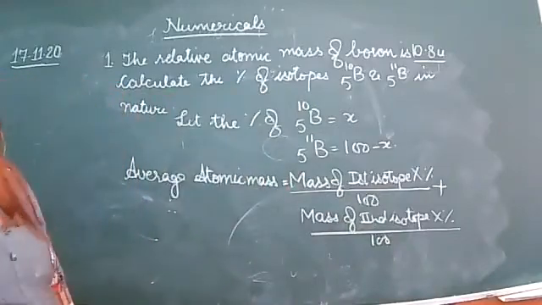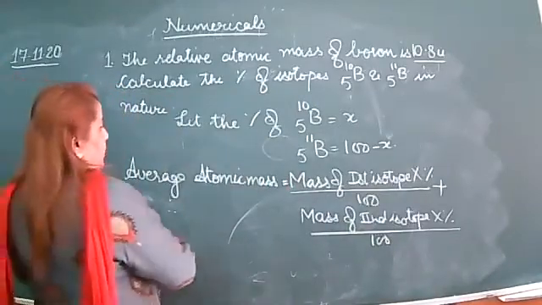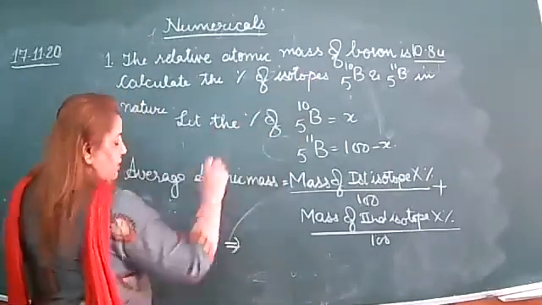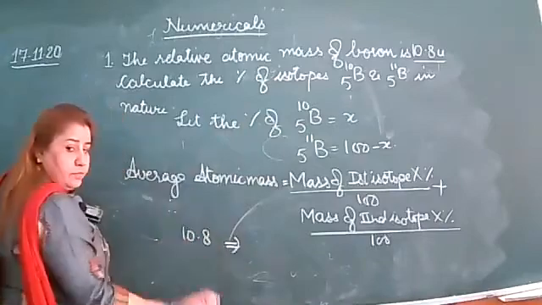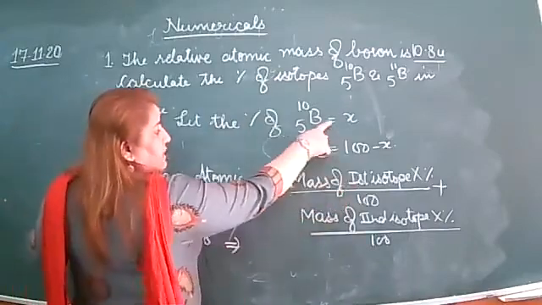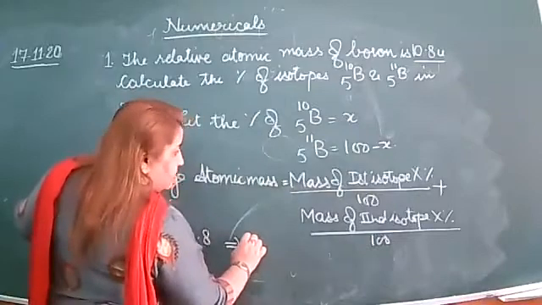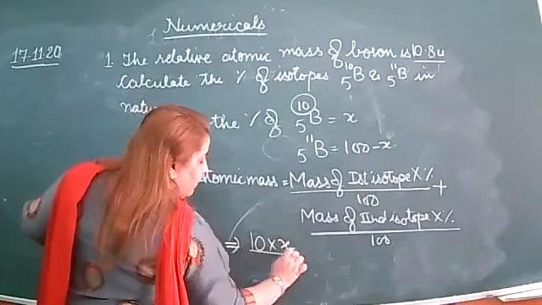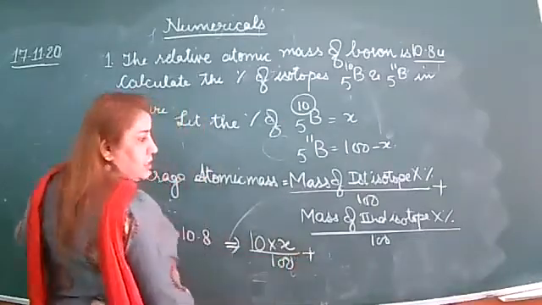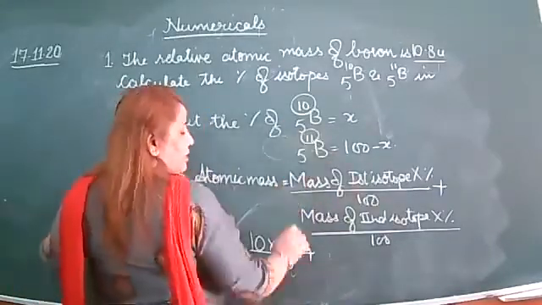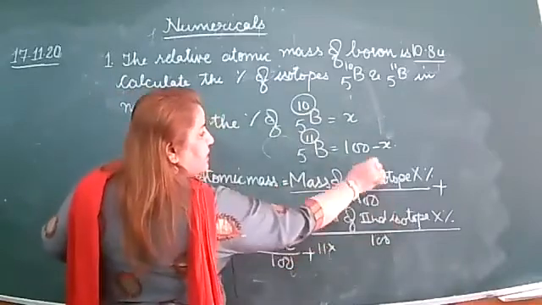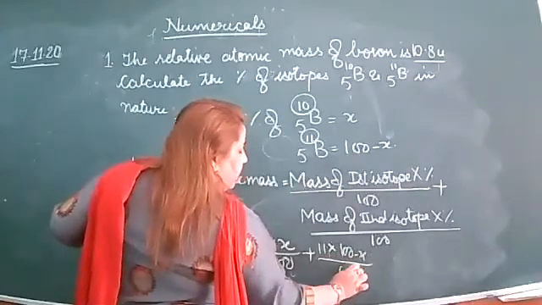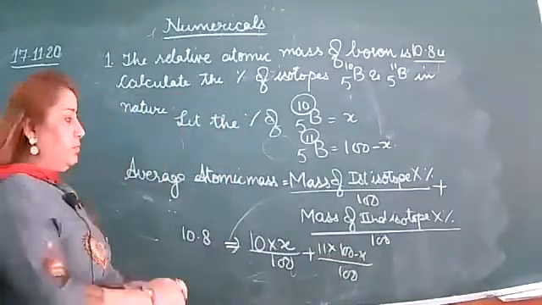Is this clear? Now the average atomic mass is given, that is 10.8, right? First isotope percentage is X, mass is 10. So 10 into X divided by 100, plus mass of second isotope 11 into the percentage we have assumed, 100 minus X, divided by 100. Is this clear?